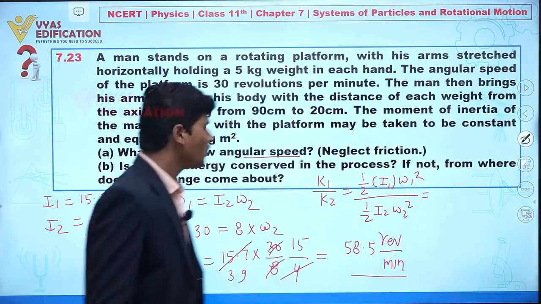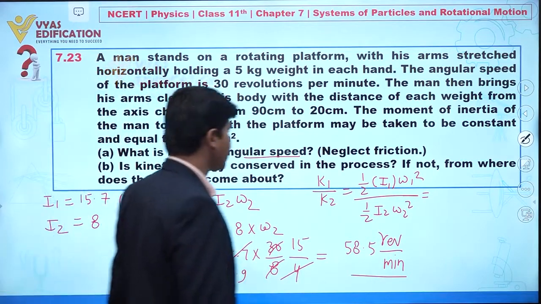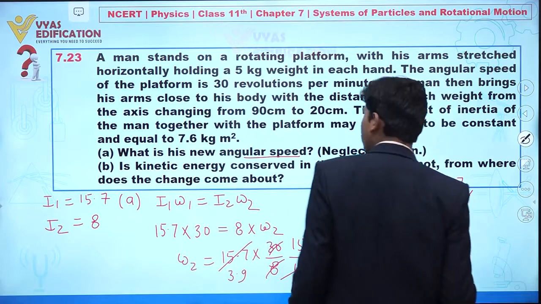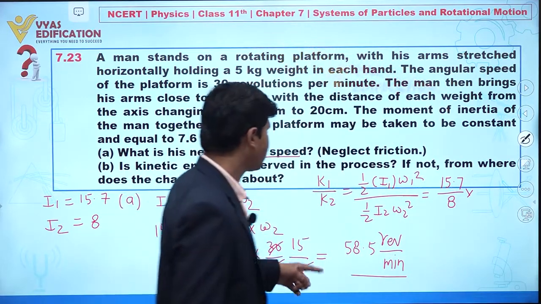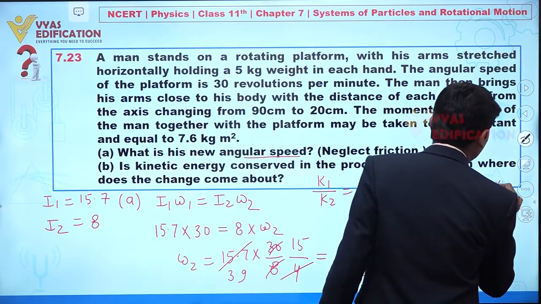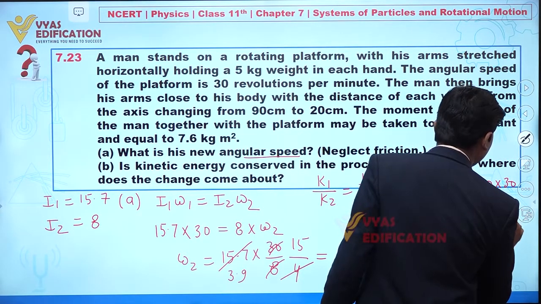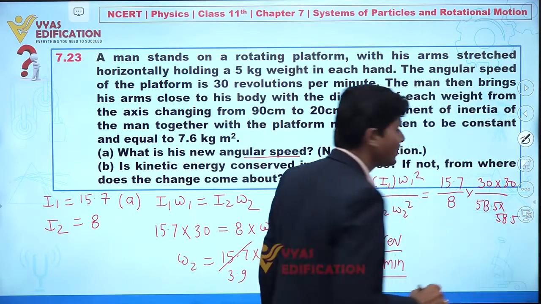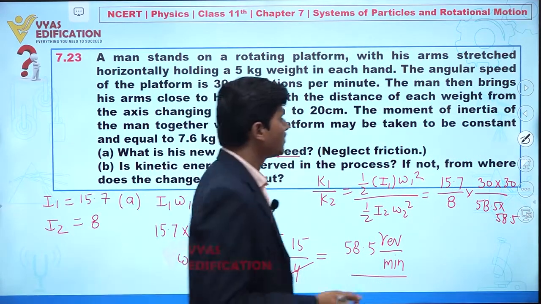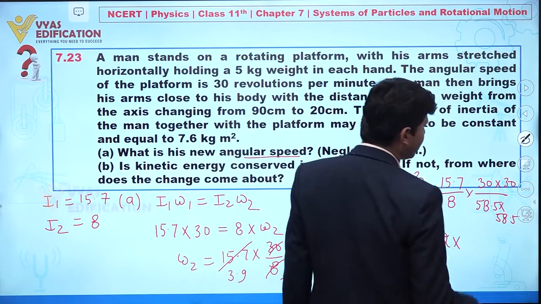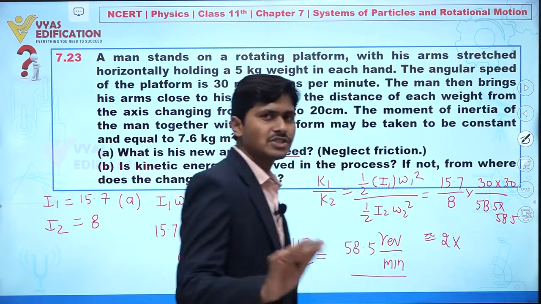So I1 is 15.7 and I2 is 8, omega 1 is 30 and omega 2 is 58.5. So 30 into 30 divided by 58.5 into 58.5. Taking an approximation, 15.7 over 8 is approximately 2, and 58.5 is approximately 60.